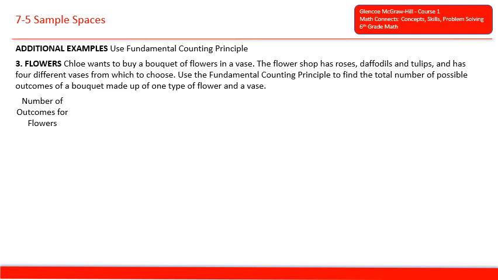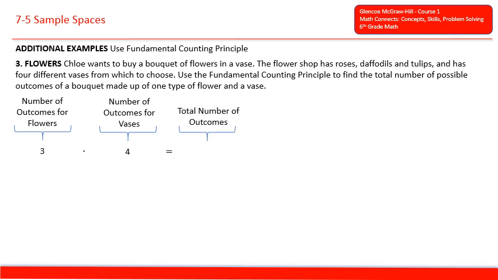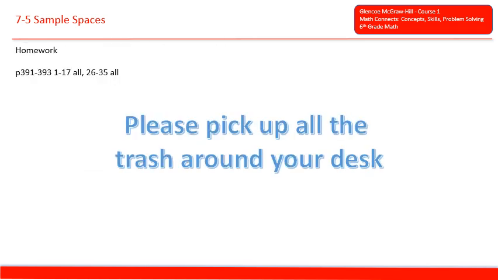So the number of outcomes for flowers, there are 3 different types of flowers, times the number of outcomes for vases, so there are 4 vases. If we multiply 3 times 4, the total number of outcomes is 12. And you can once again check by drawing a tree diagram to show the sample space.